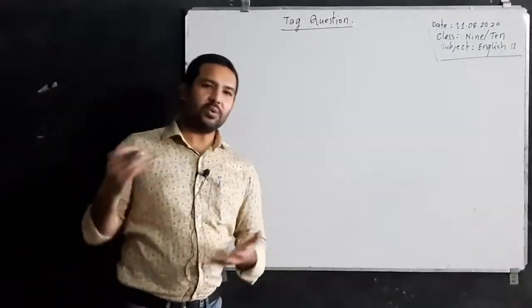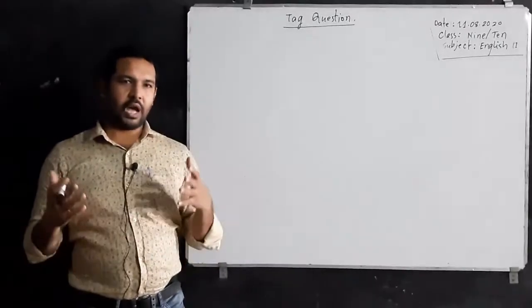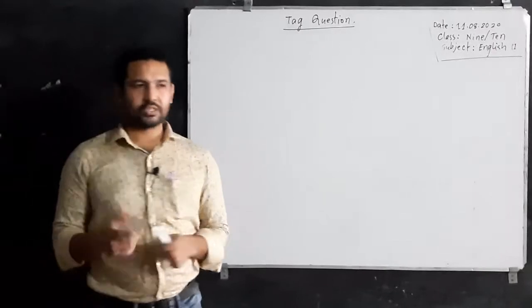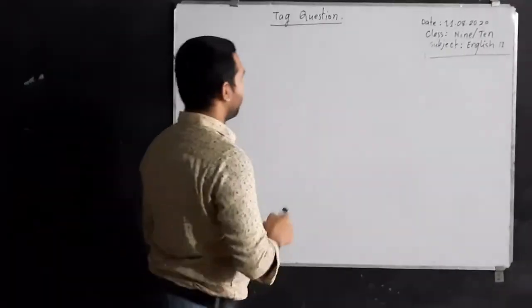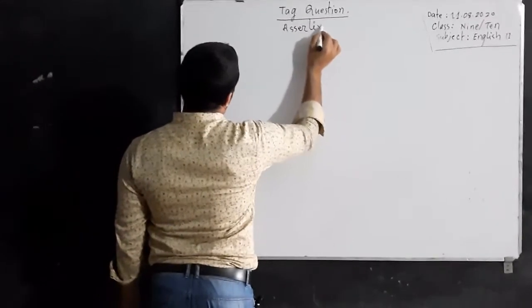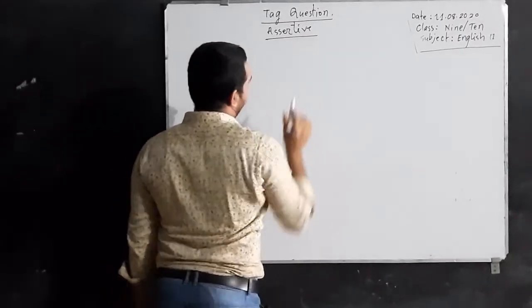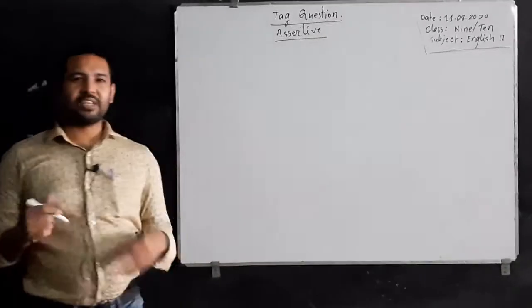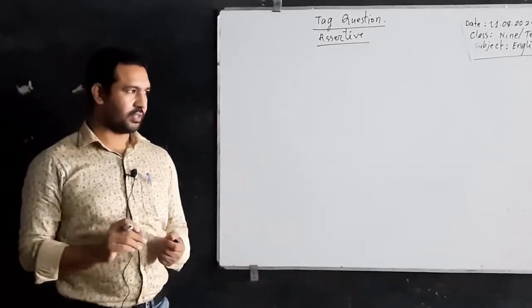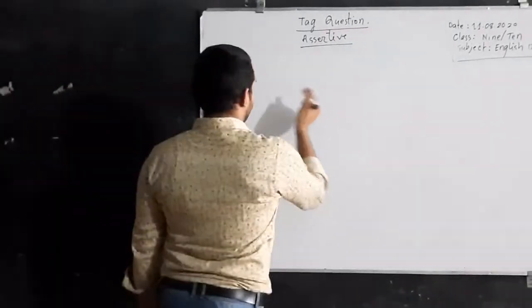So how can we construct a tag for a statement? First of all, we will discuss the assertive sentence. In today's class, we will discuss how we can make a tag for an assertive sentence. Rule 1.